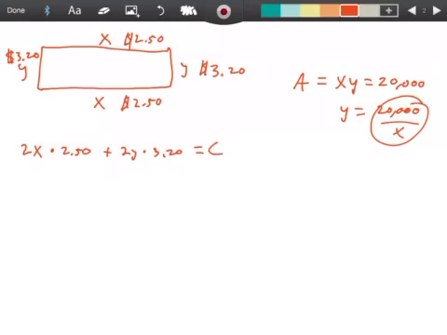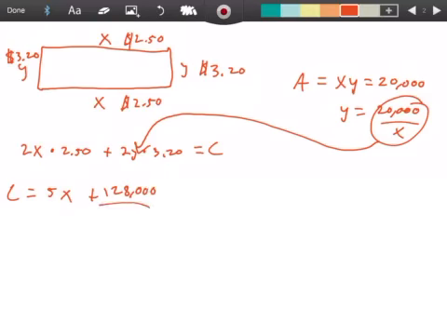This value for y I'm going to plug in here in the cost function. So the cost will be 5x plus, now this is going to be 2 times $3.20 times 20,000, which is plus 128,000 over x.